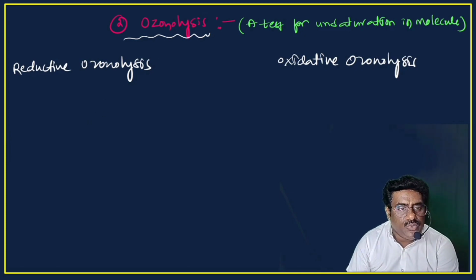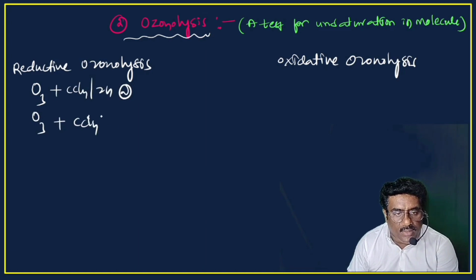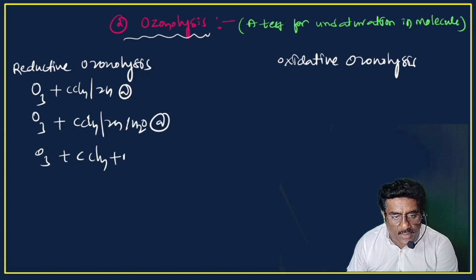What is the reagent used for reductive ozonolysis? Reductive ozonolysis: ozone plus carbon tetrachloride with zinc, or ozone plus carbon tetrachloride with zinc in water, or ozone with carbon tetrachloride plus dimethyl sulfide.